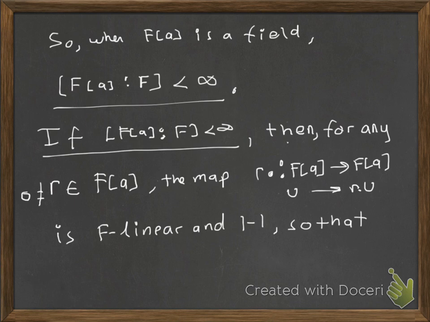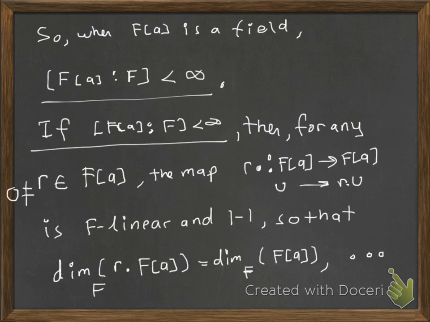and being a linear transformation on the vector space F[a], the dimension of the image is equal to the dimension of F[a].